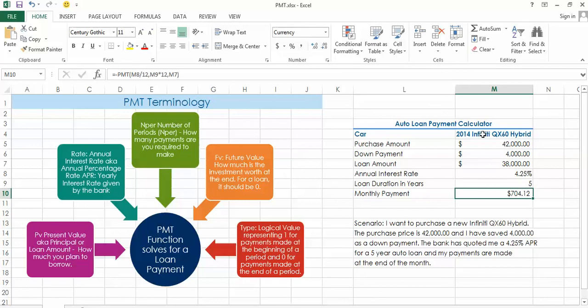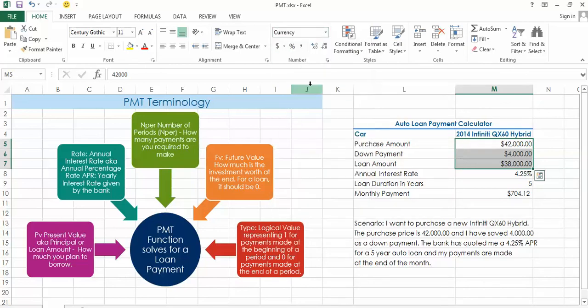If you're picky and you don't like the dollar signs appearing to the left of the cell here, then remember the other format that we can use is the currency format. And that lines up the dollar signs along with the numbers, and that matches a little more closely what we're seeing down here with the $704.